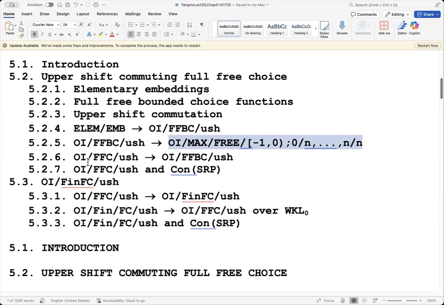And therefore, between this and this, we have a proof and a reversal. This will give you a reversal because we already reversed this in chapters 3 and 4. We understood this to be equivalent to Con SRP.